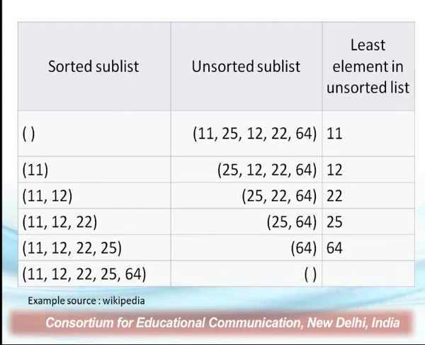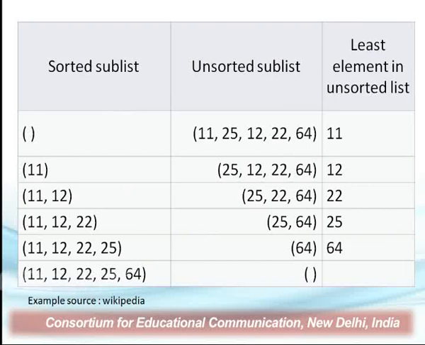We'll pick out the least element in the unsorted list, which is 11, and keep it in the sorted sublist. Now the remaining unsorted sublist is 25, 12, 22, 64, and the sorted sublist is filled with one element, which is 11.